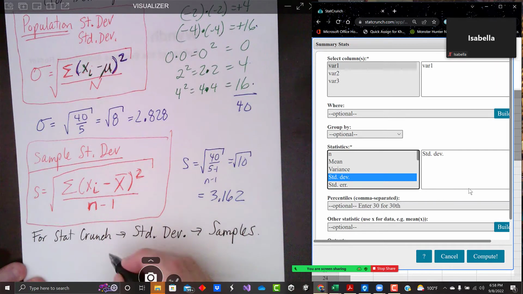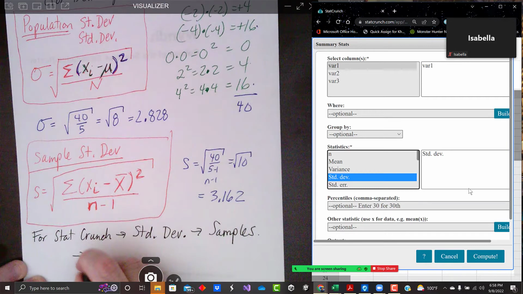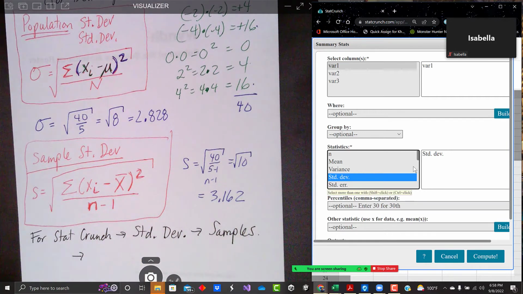The one for population is unadjusted standard dev.